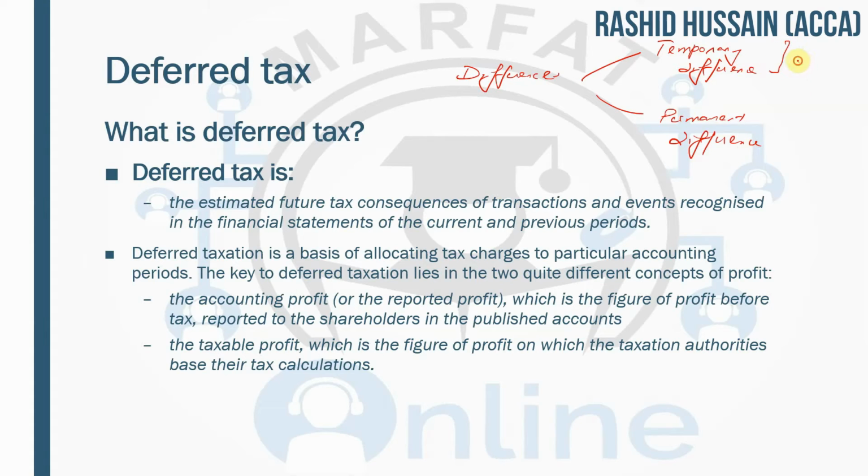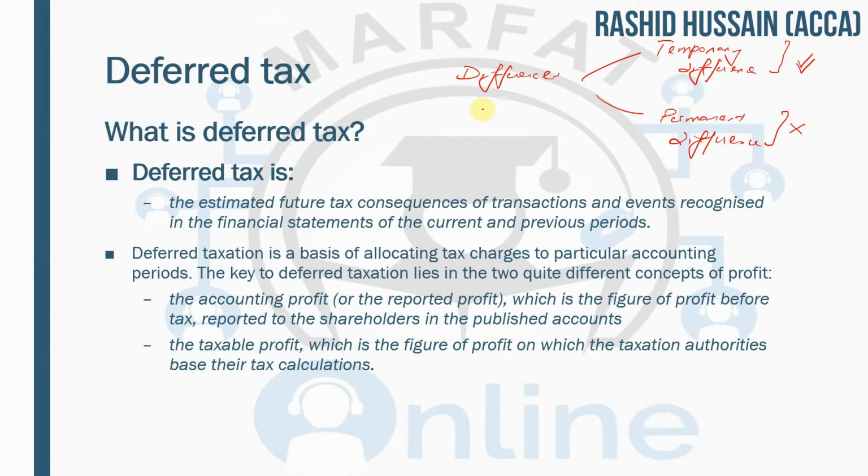The temporary difference means the taxation authority is right now not considering anything, but they're going to consider it in the future, or vice versa. The permanent difference will not be settled between you and the taxation authority because they are never going to consider that thing. So remember, whenever we are talking about the deferred tax, we will be only dealing with the temporary differences.